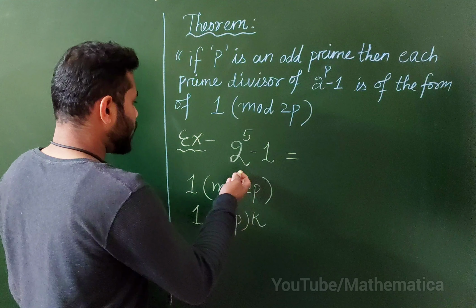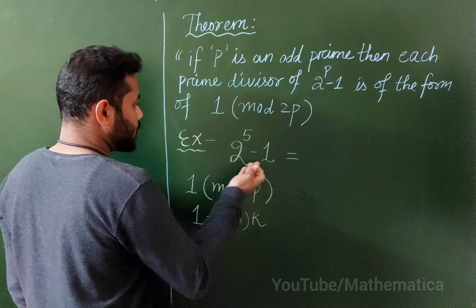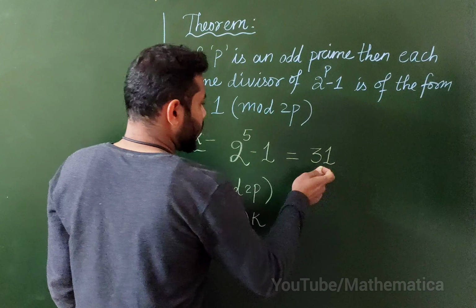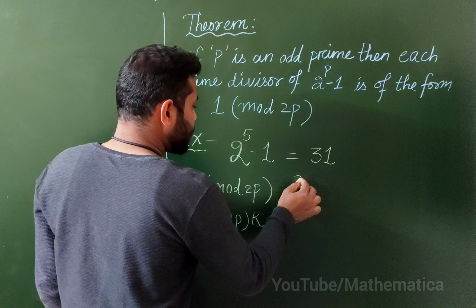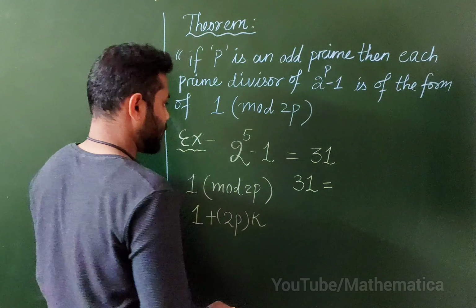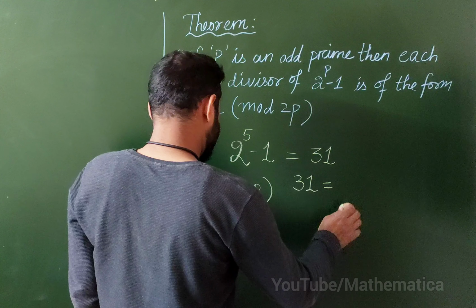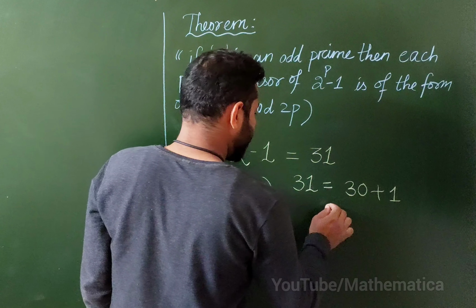For example, 2 to the power 5 is 32, minus 1 is 31, and 31 divides this number, so it's a divisor of this number. Clearly, 31 is 30 plus 1.